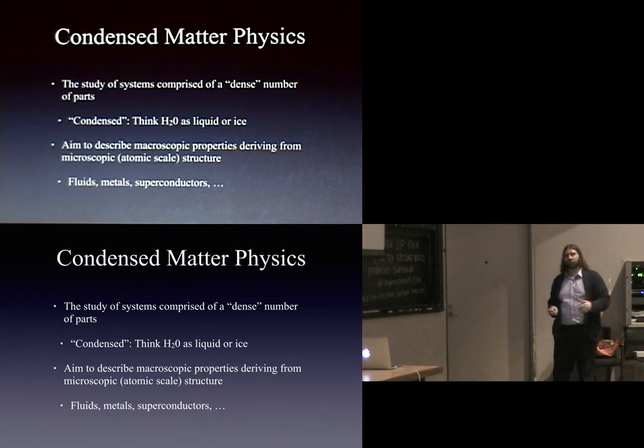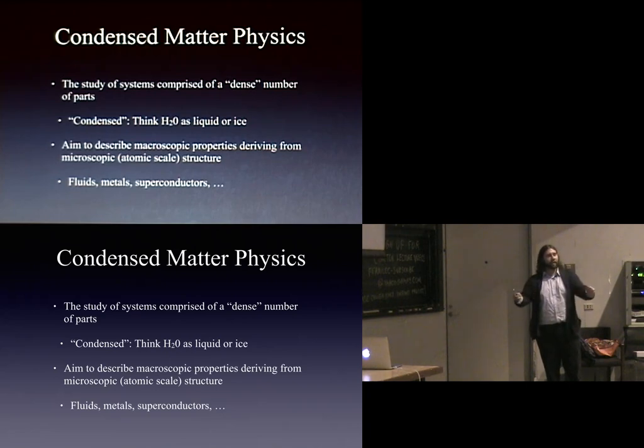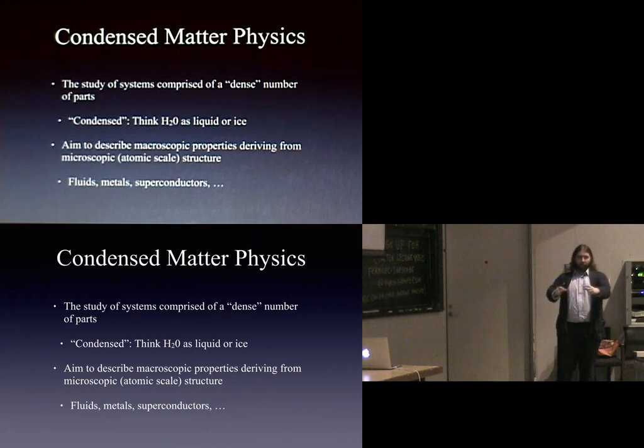You may also have heard the term solid state physics, which is a branch of condensed matter physics. And the goal of this branch of physics is essentially to describe the macroscopic properties of systems. By that I mean measurements that you do at lab scale without zooming into the atomic level, right? You have a piece of metal, you attach some leads, you measure currents, you measure voltage differences.